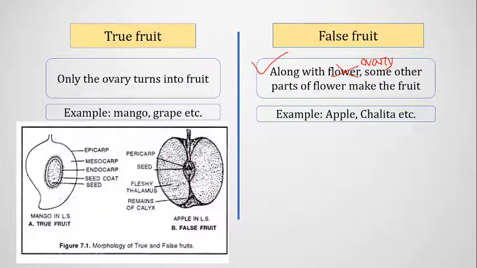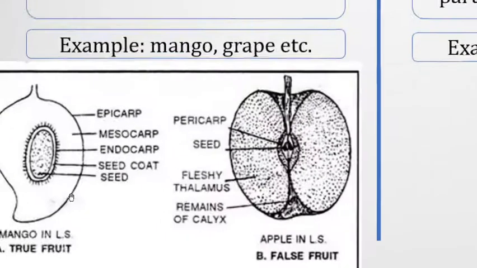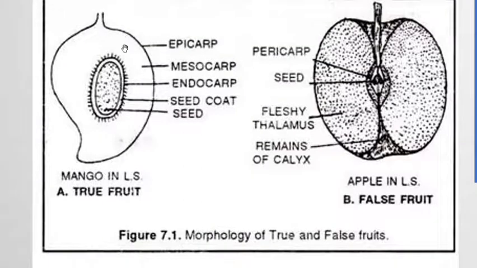So let's see a figure. Here we see that the left one, mango, is an example of true fruit, and the right one, apple, is an example of false fruit. In the mango, the wall of the fruit, that is the fruit wall, actually comes from the ovary wall, and the fleshy part inside the mango is actually the internal part of the ovary.